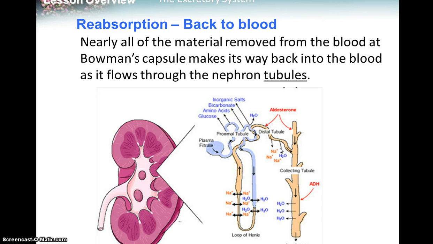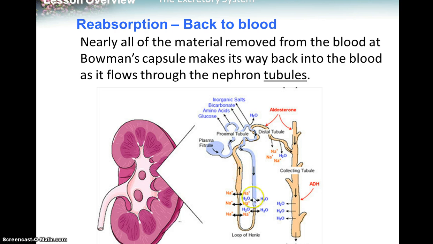Your body filters out a whole bunch of stuff, and then it reabsorbs most of that. So you'll see the word reabsorption on your chart, and to the right you want to write the word tubules. So this is all the filtrate that was in that nephron, and now it takes a little trip through all these tubes. And it's at that point the body decides what things it might want to reabsorb and keep.